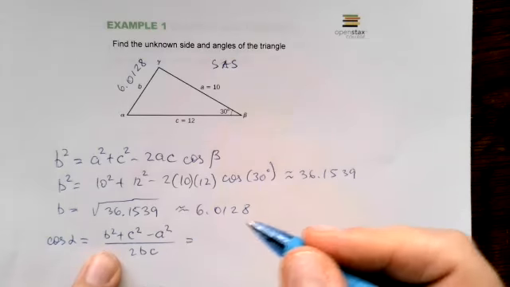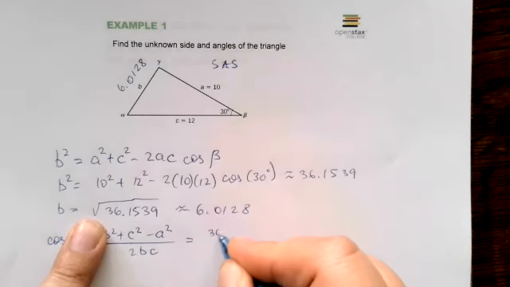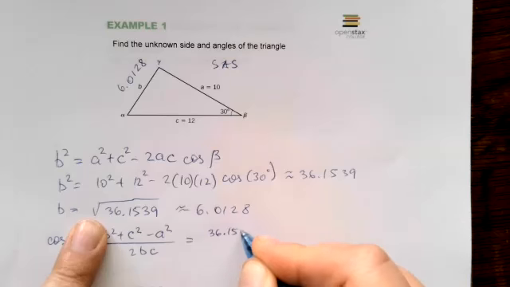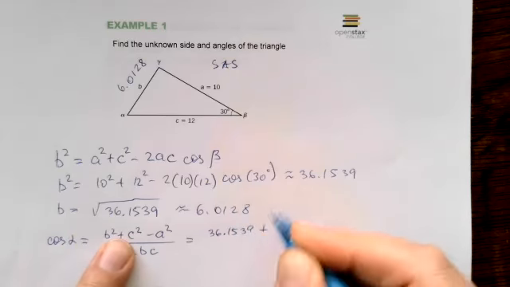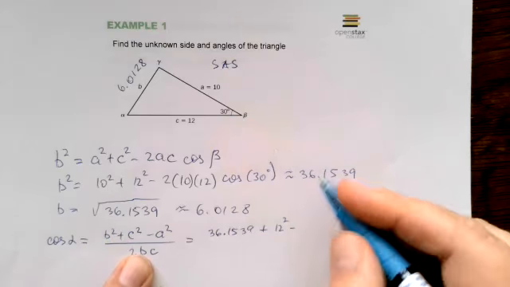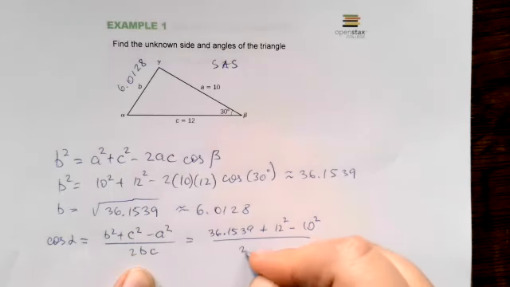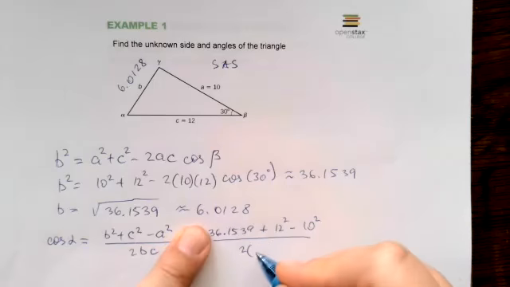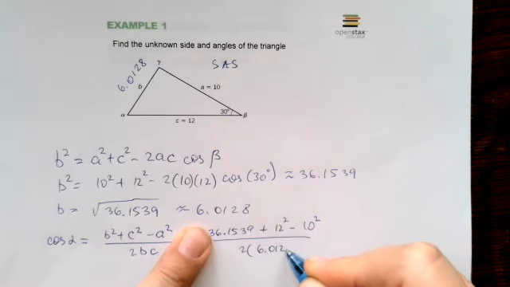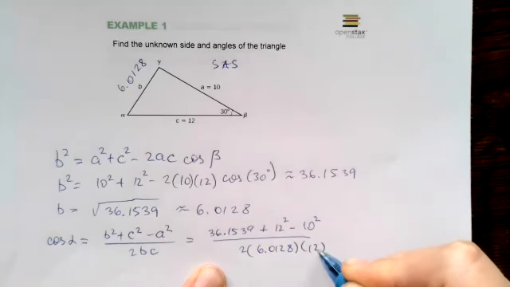So we're going to get B squared, which is actually this value, 36.1539, plus C squared minus A squared, divided by 2 times B, which is 6.0128, and C is 12.